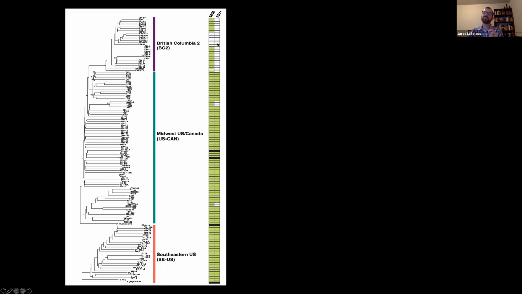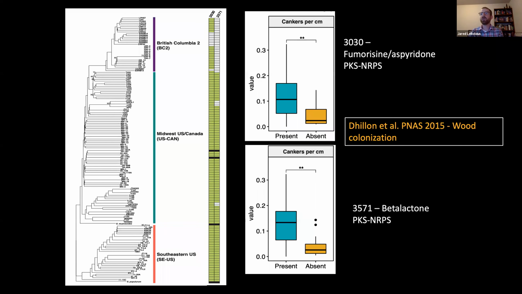And the reason is that this 3571 group is basically absent from all of the BC2 individuals, and this 3030 cluster is absent from the majority of the Oregon isolates. So that was really interesting, and very strong correlative evidence that there's something going on here.